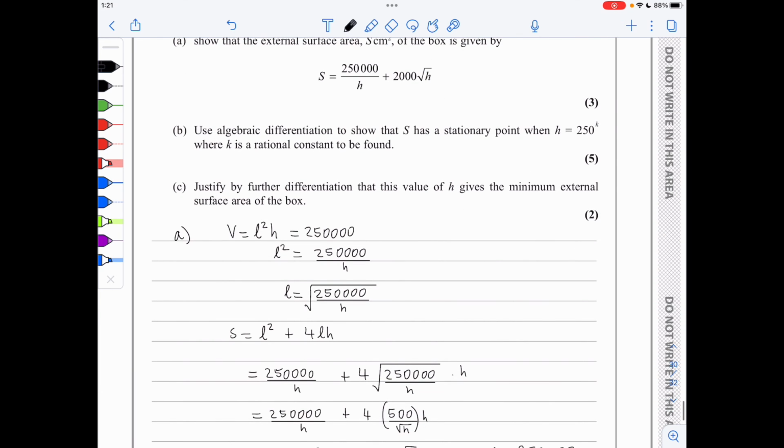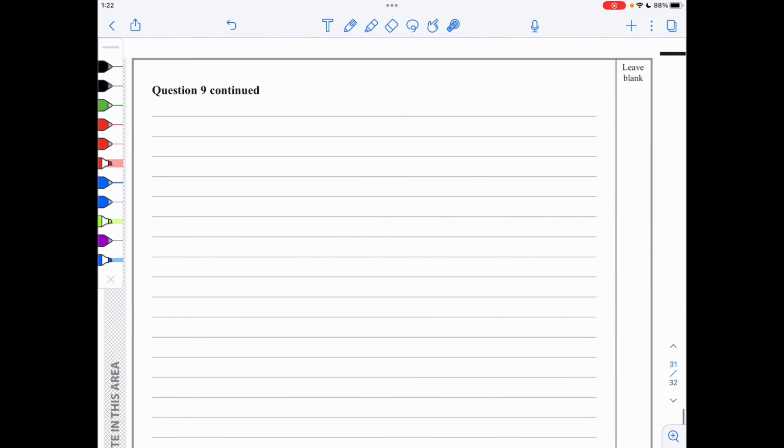And then in part B, we need to use algebraic differentiation to show that S has a stationary point when h is 250 to the power of k. k is a rational constant to be found. So I will start by writing the expression for S in terms of h in this form. S is 250,000 h to the minus 1 plus 2,000 h to the half.